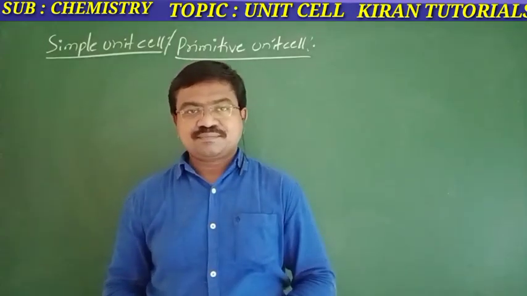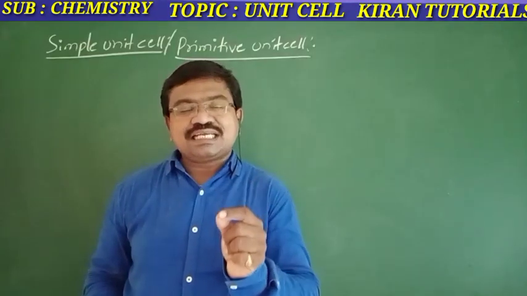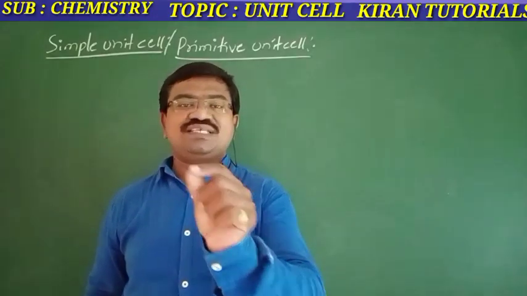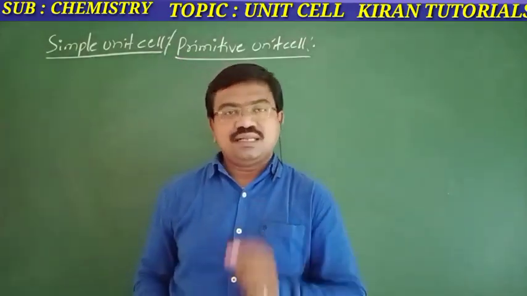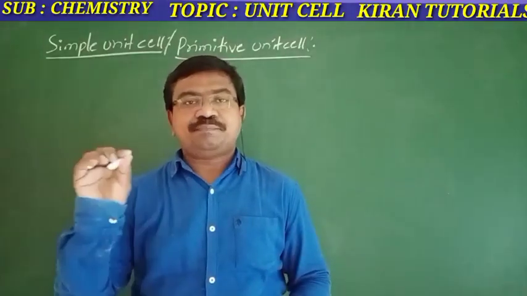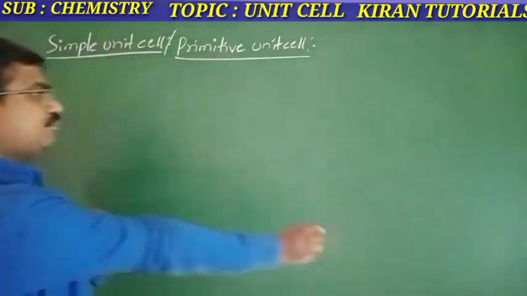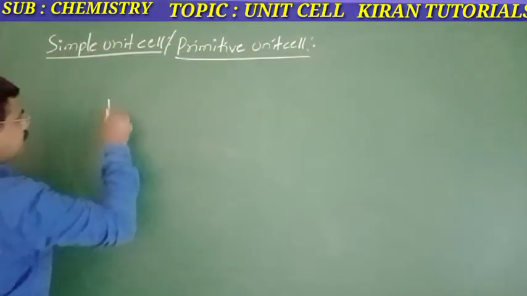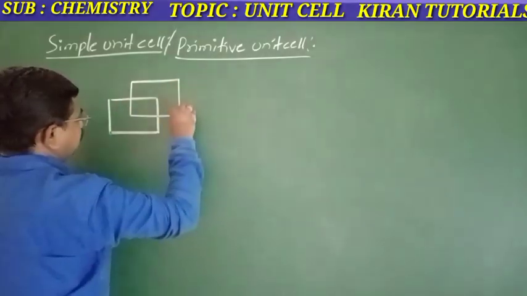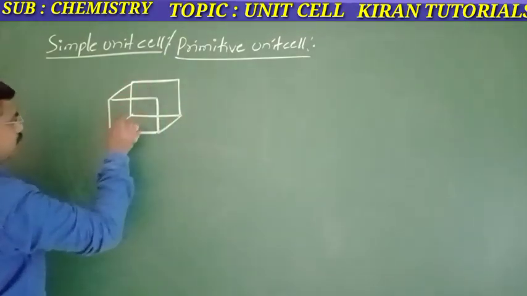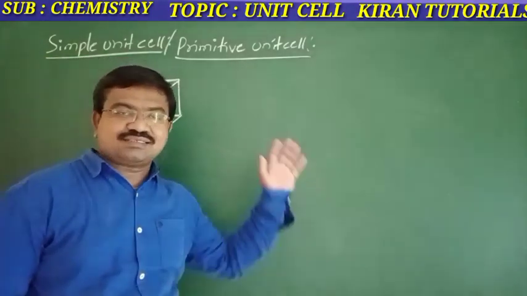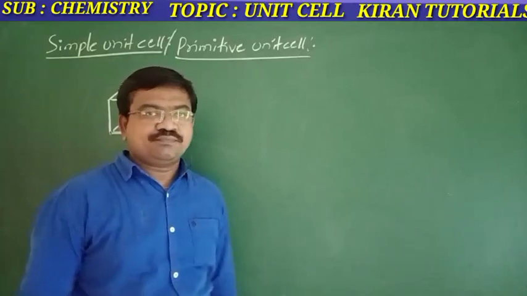Okay, primitive unit cell. So what is a simple cell? A primitive cell means one which has atoms only at corners. Then it is called a primitive cubic cell. In a primitive cubic cell, atoms are present at the corners only. See, it is a simple cube, called a primitive cube cell or simple cube.